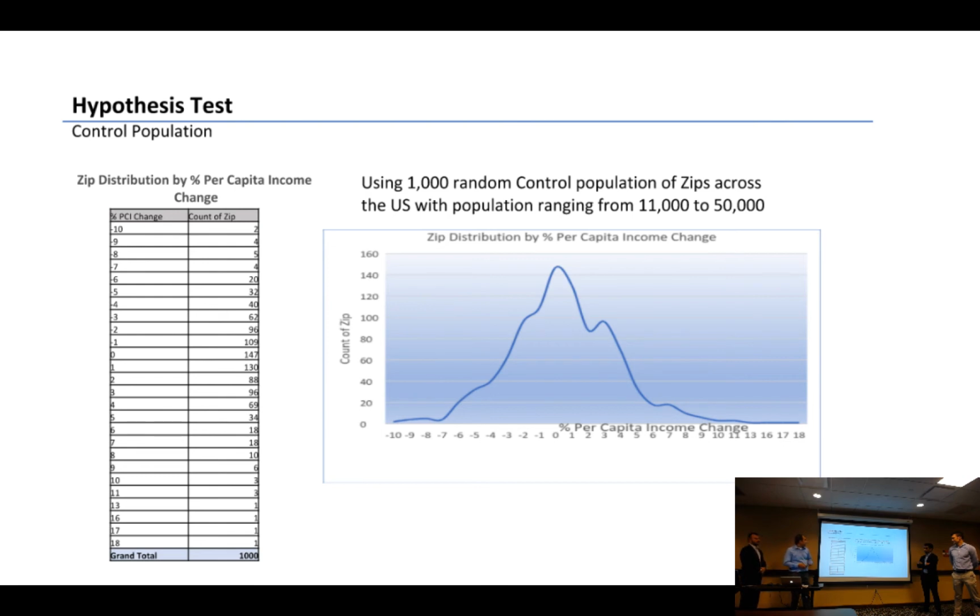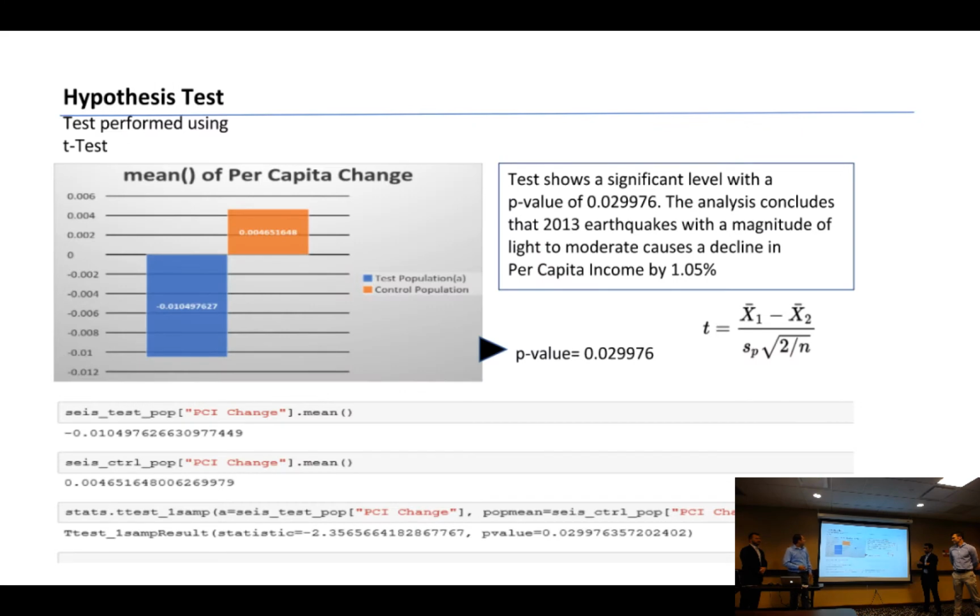We took samples of 1,000 zip codes across the U.S. and looked at their distribution by change in per capita income. We have a pretty much normal distribution as a control. Then, based on the control, for the subject group of 19 zip codes, we ran a hypothesis test using a t-test, and we came up with a very positive outcome.